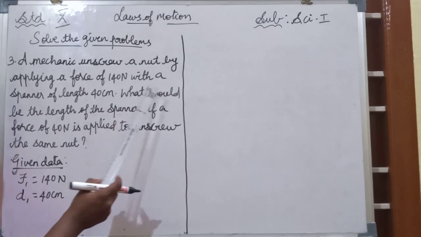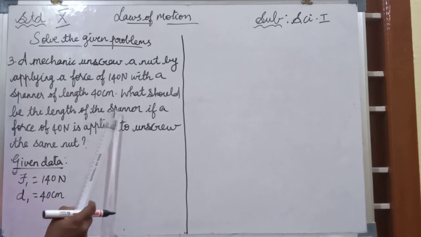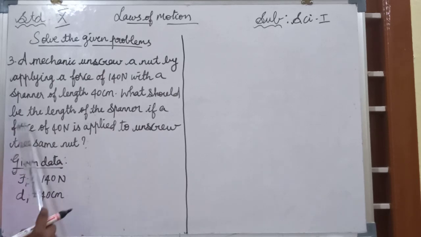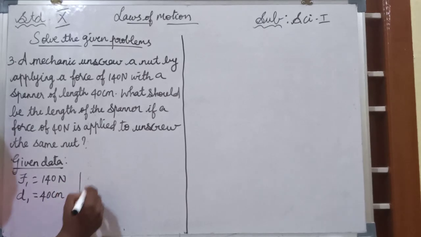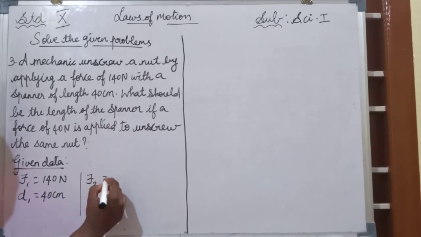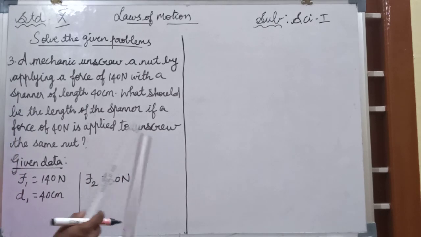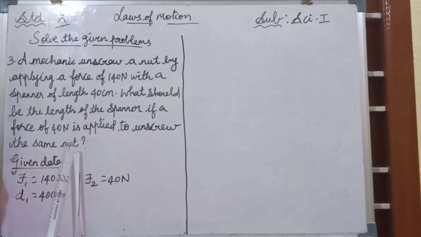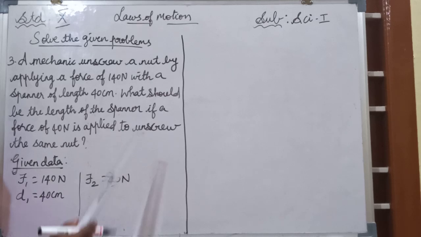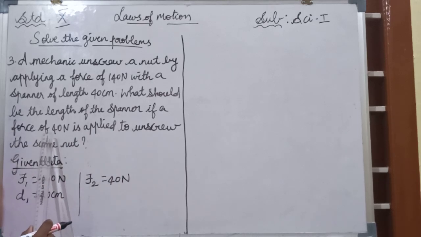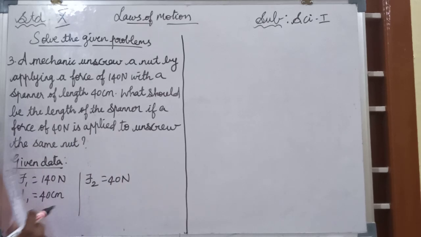Now, what should be the length of the spanner if a force of 40 N? Here they are talking about the second case. So F2 is equal to 40 N is applied to unscrew the same nut. He wants to unscrew the same nut, but here he is applying a force of 40 N.